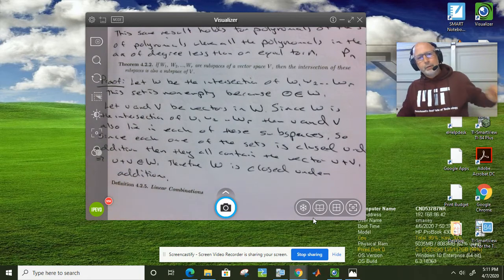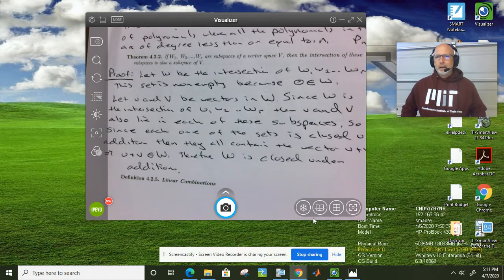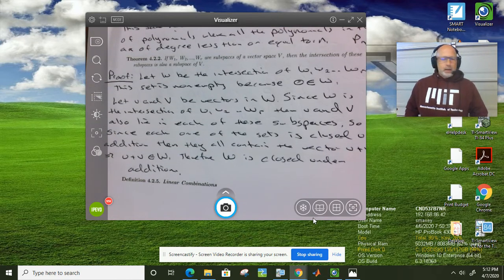Wait a minute, I didn't leave room for scalar multiplication. That's because that is left as an exercise to the reader. Ha ha ha.